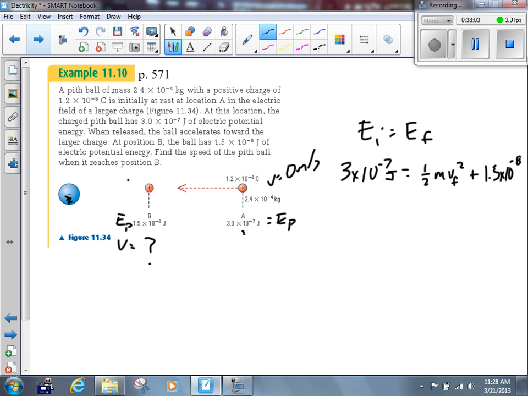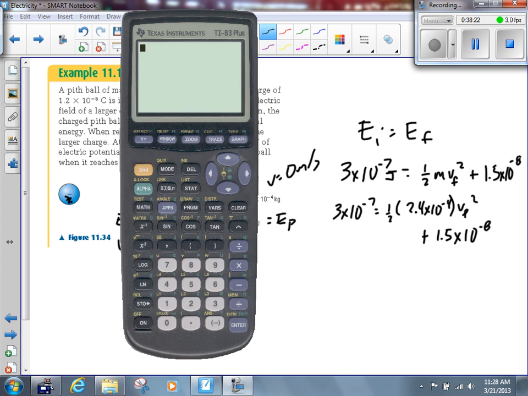Well, let's sub in the mass here of the pith ball. We get 3 times 10 to the negative 7 equals 1/2 of 2.4 times 10 to the negative 4 times v squared, plus 1.5 times 10 to the negative 8. Let's take the 1.5 times 10 to the negative 8 over by subtracting. So we get 3 times 10 to the minus 7, subtract 1.5 times 10 to the minus 8, gives us 2.85 times 10 to the minus 7.